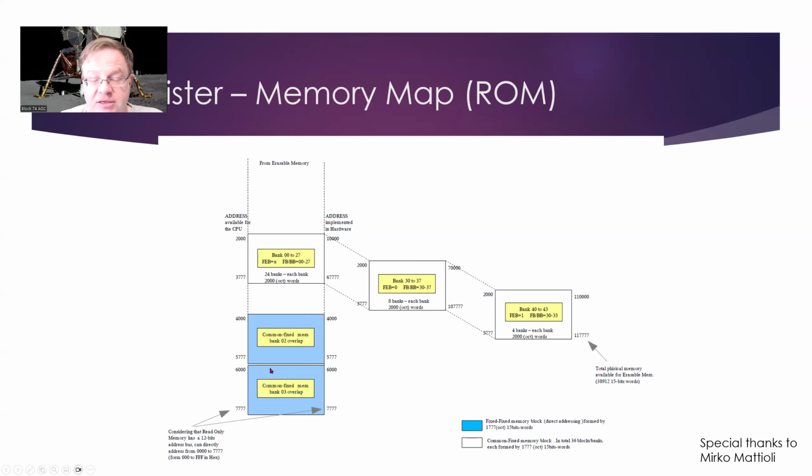Again, we've got the 12 bits that we can use to access the fixed memory, and between 2000 and 3777, those can be swapped out between any of those 70 odd banks, depending on what you're doing. For these diagrams, I really wanted to give a special thanks to Mirko Matoli, who created those graphics and posted them onto the Apollo Guidance Computer website. I don't take credit for creating these particular diagrams.